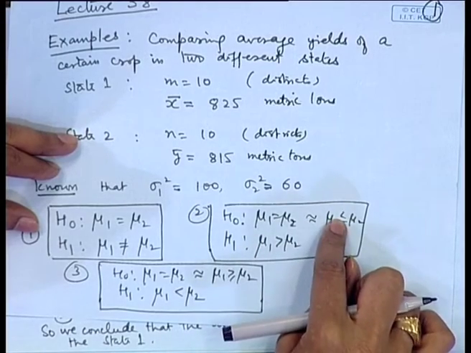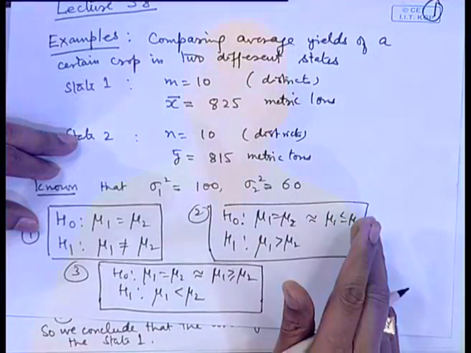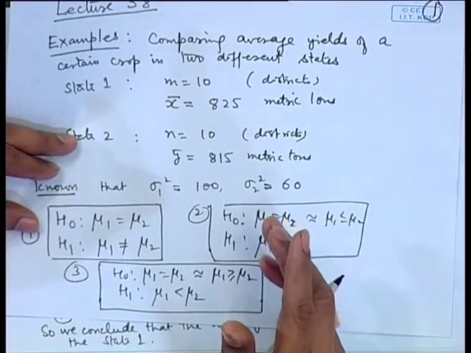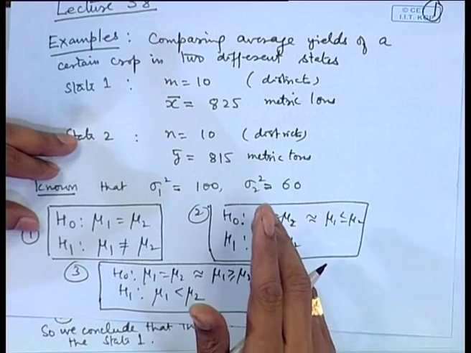That means, we are rejecting H naught, and this is a strong conclusion, and therefore, we can say that it is significantly true. That means, the average yield in the state 1 is higher significantly than the state 2.